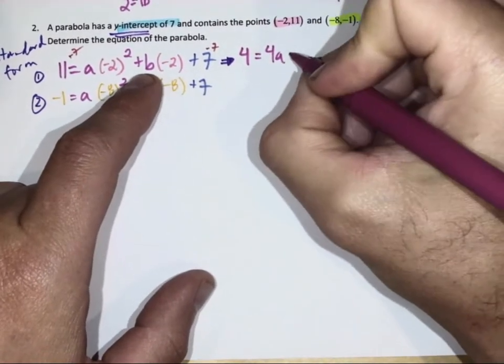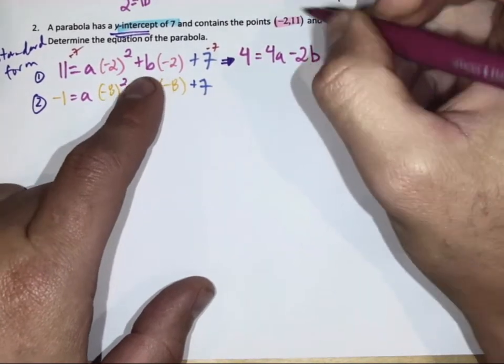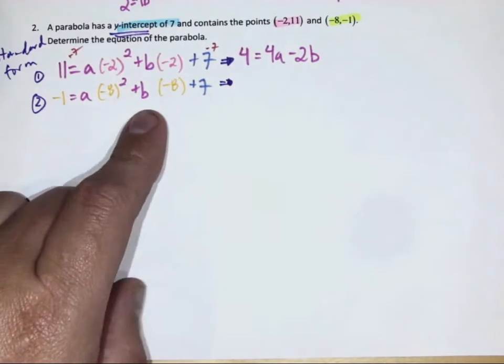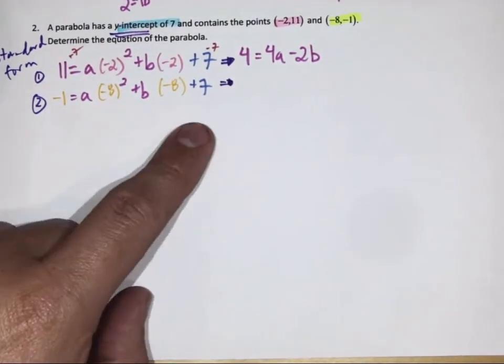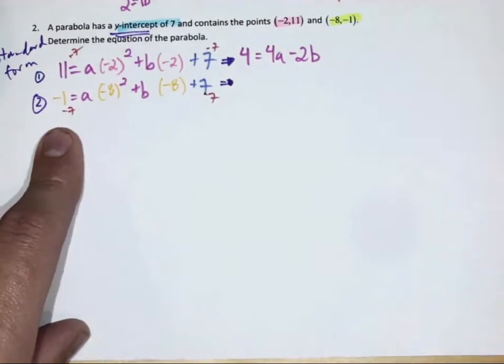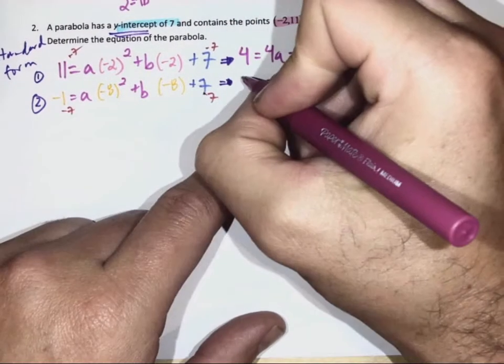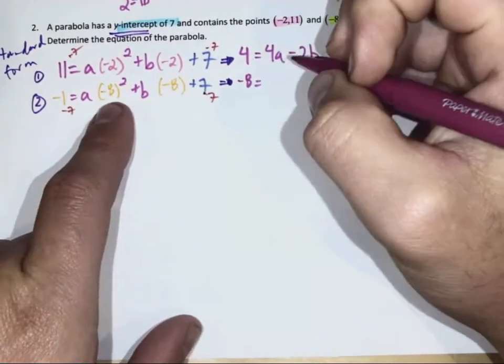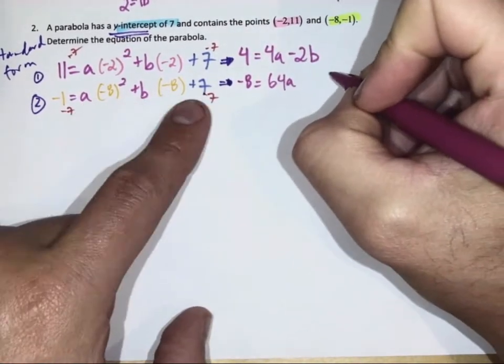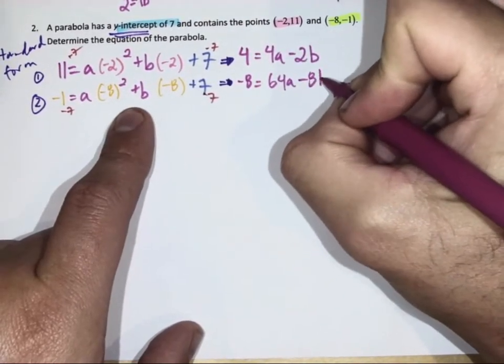Negative 2 times b, negative 2b. I do the same for equation 2. Let's just simplify. Take away 7 from the right, take away 7 from the left. Negative 1 minus 7 is negative 8. Negative 8 squared is 64 times a, 64a. Negative 8 times b is negative 8b.